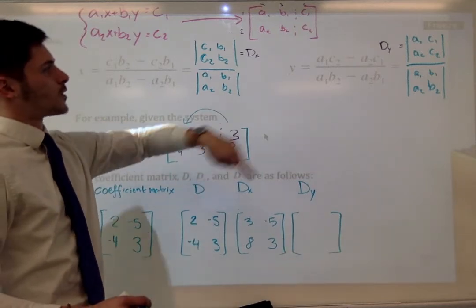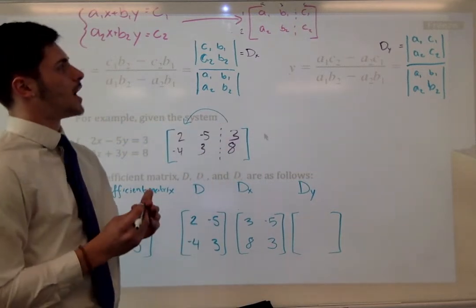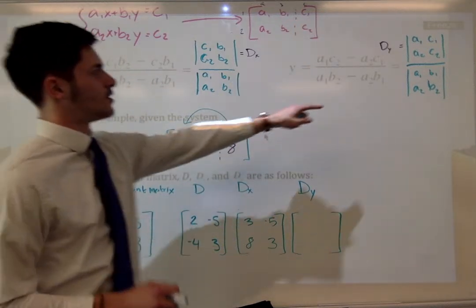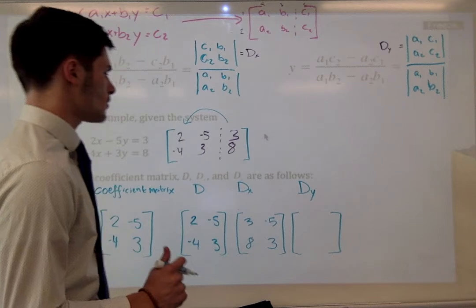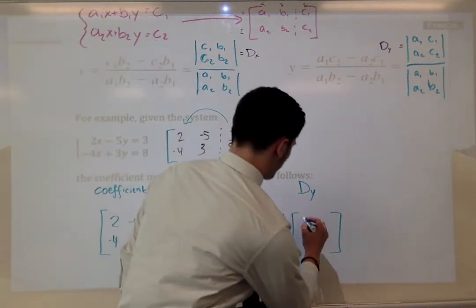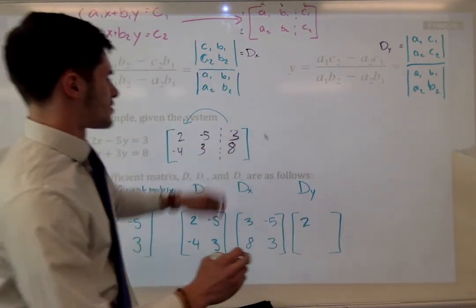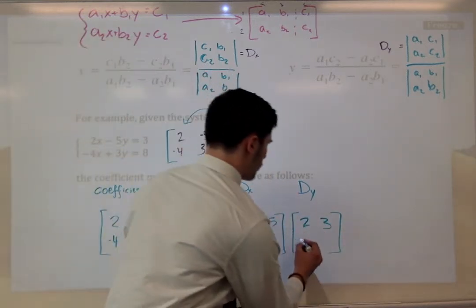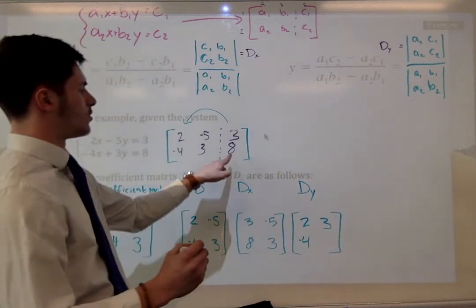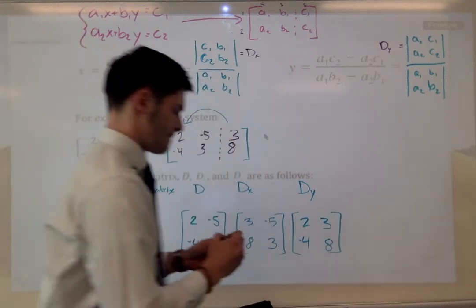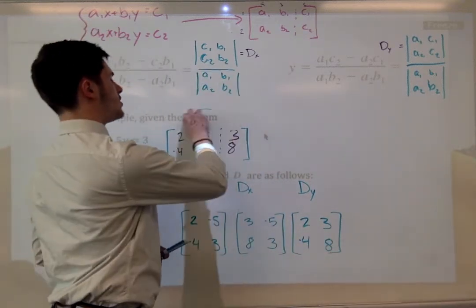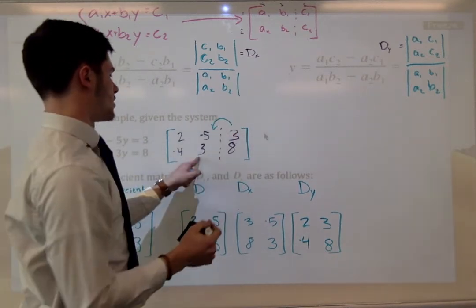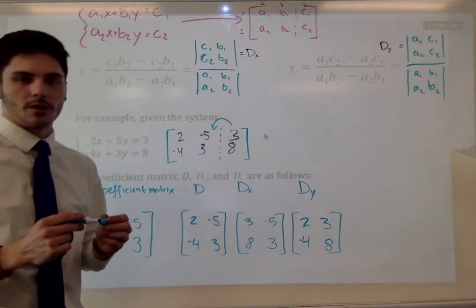So similarly, we'll replace the B column with the C column so that it's just the A's and the C's like we have over here. So A1 is 2. C1 is 3. A2 is -4, and C2 is 8. And so with the dy matrix, what we did was replace this column with that column and rewrote the matrix.